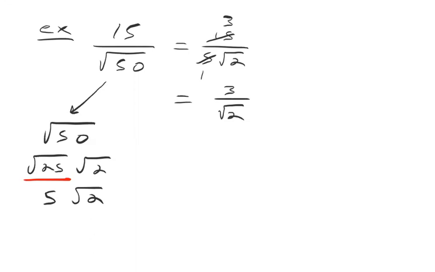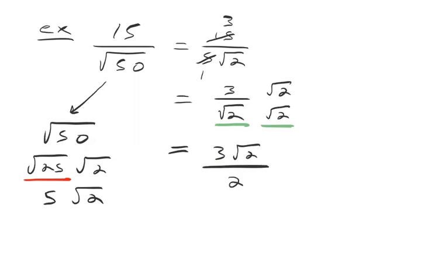To rationalize that, I just multiply the top and bottom by that square root of 2 so that this bottom turns into a rational number. So on the top, 3 times square root of 2. On the bottom, square root of 2 times square root of 2 is just 2. That's the final answer.